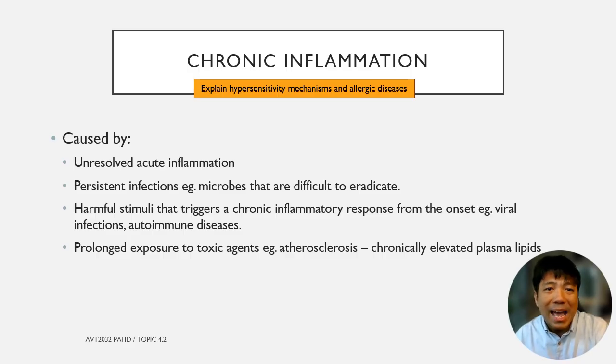Autoimmune diseases are another cause, where the body's immune system mistakenly targets its own tissue. Prolonged exposure to toxic agents, such as in the case of high cholesterol leading to arteriosclerosis, can also trigger a chronic inflammatory response from the onset.